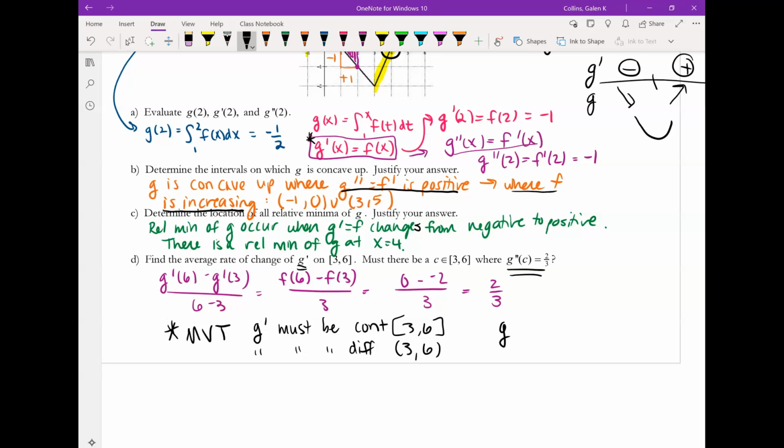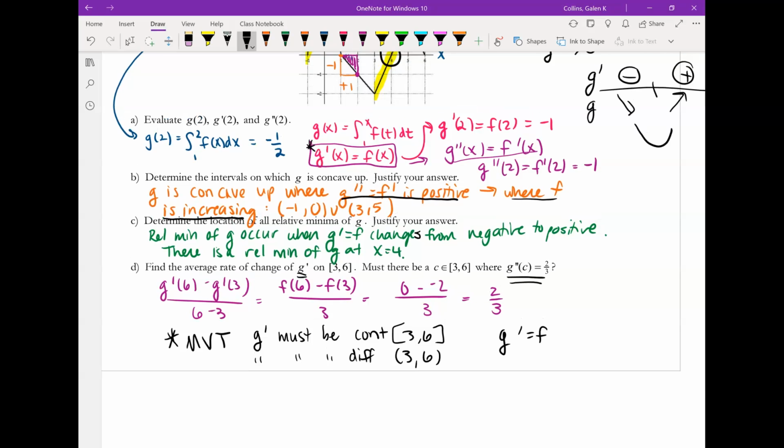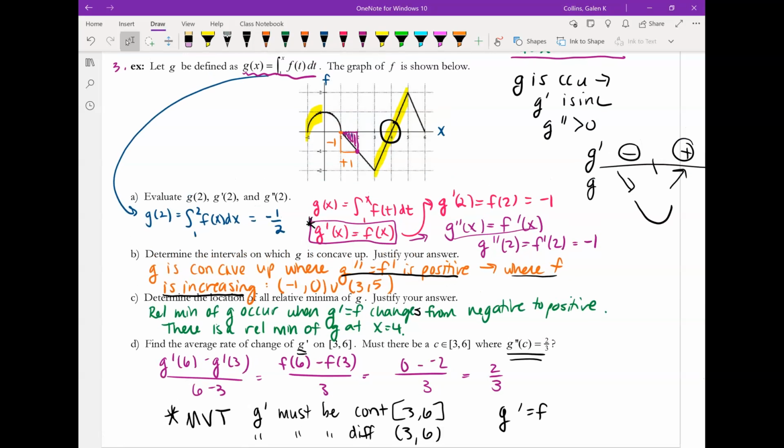And also from part A, we said g prime is f. So when we look at the graph, we're looking to see, is f continuous on the closed interval 3 to 6, differentiable on the open? So I'm going to erase all this junk that I wrote on here already. It's a nice thing about doing this in OneNote. All right, so if I look at f from 3 to 6, I could see that f is continuous.